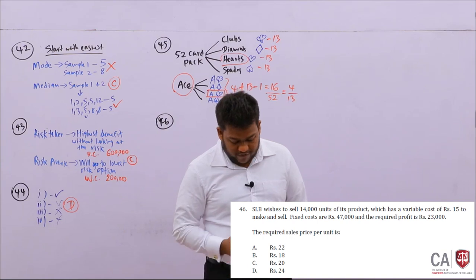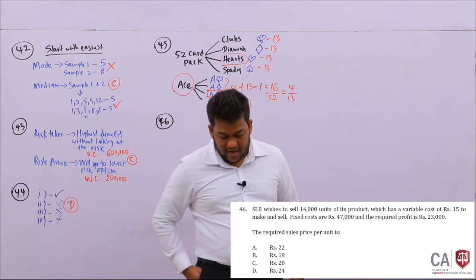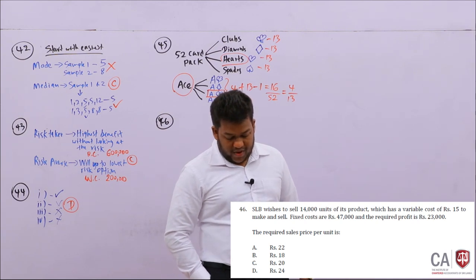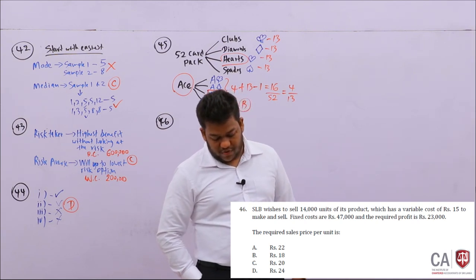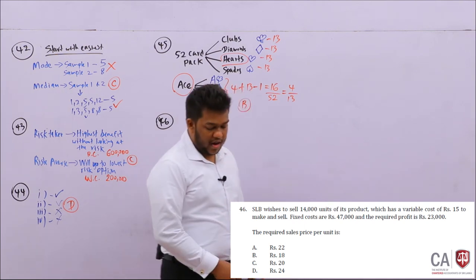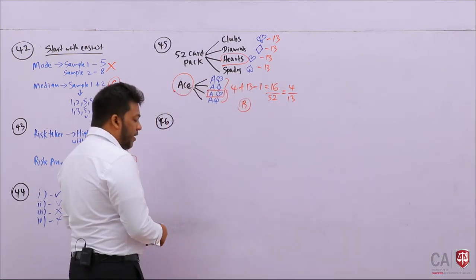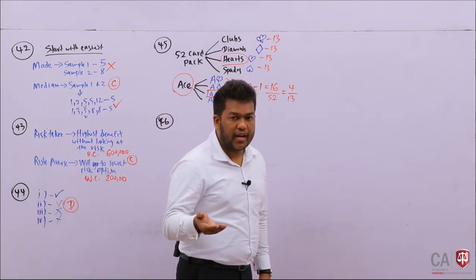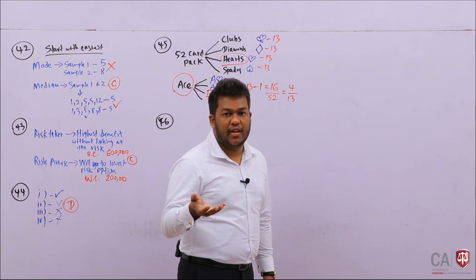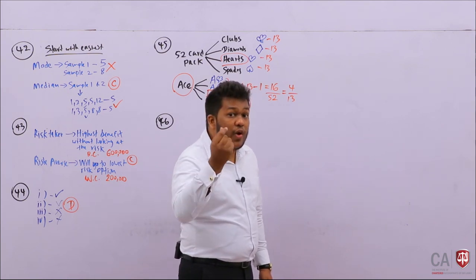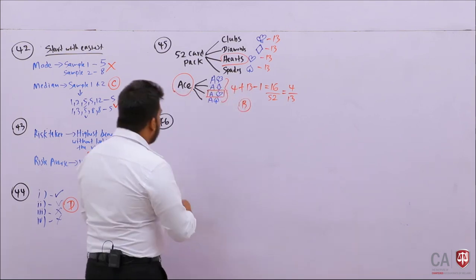SLB wishes to sell 14,000 units of its product, which has a variable cost of rupees 15 to make and sell. Fixed cost of rupees 47,000 and the required profit is rupees 23,000. Now you know how to get the required profit formula in marginal costing. You have learned contribution, the break even, and the target quantity to achieve profit.